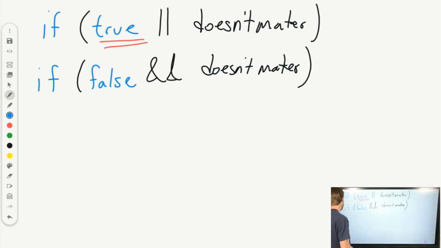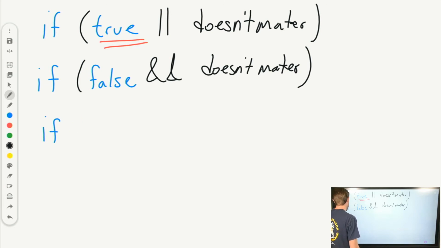Let's say that we want to do division, but there is a possibility in our program that a number might be 0, and we want to avoid division by 0. So we can say if a number is not equal to 0, we can do the division.